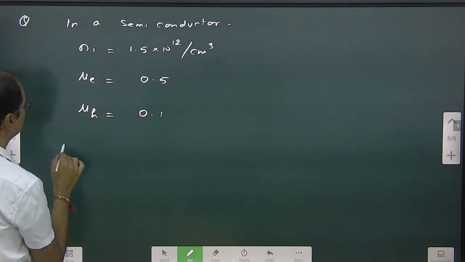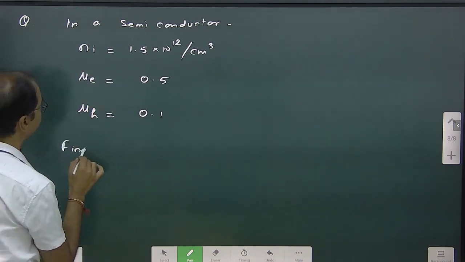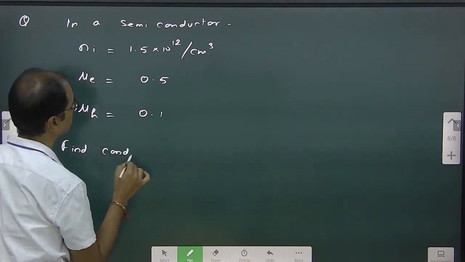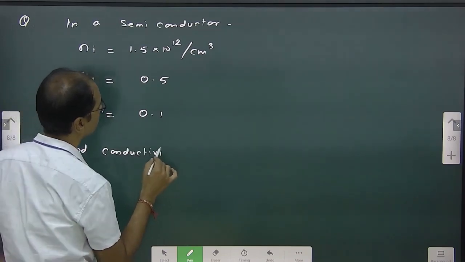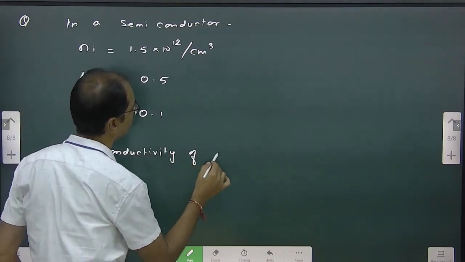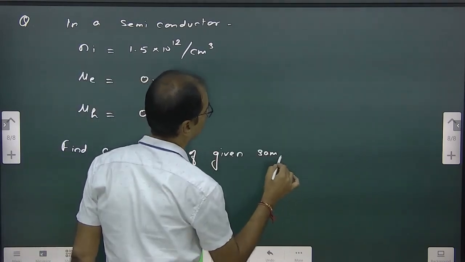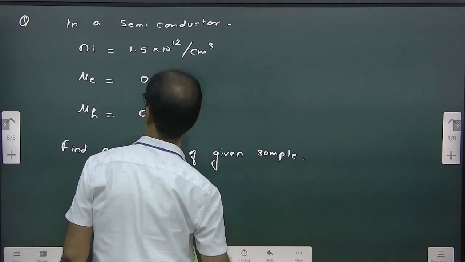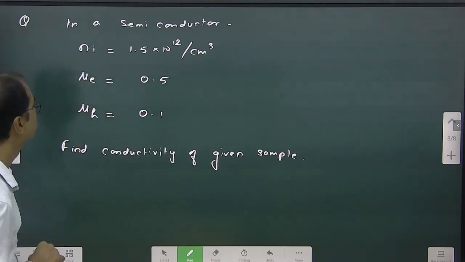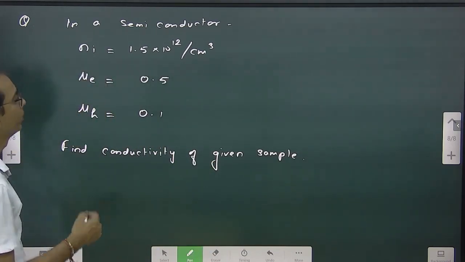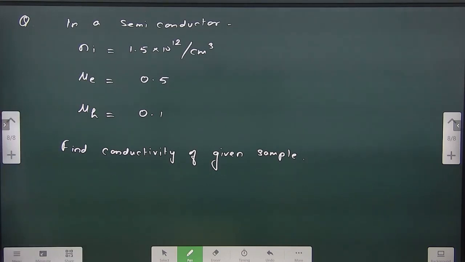The question says: find the conductivity of the given sample. I have given you the values. Let's note this one.